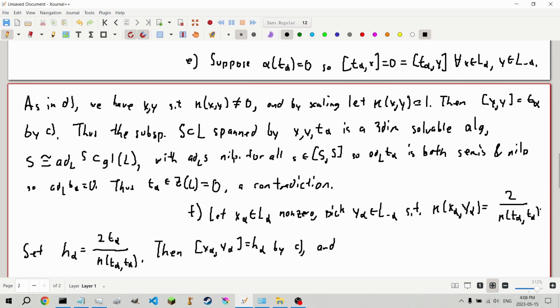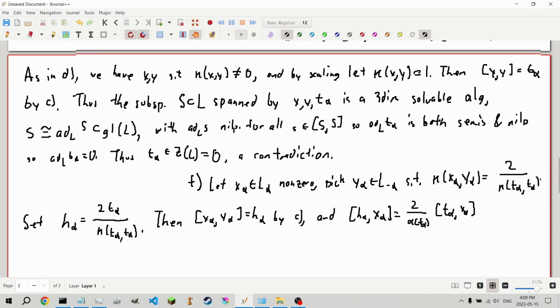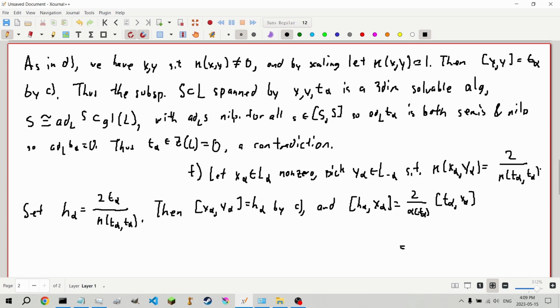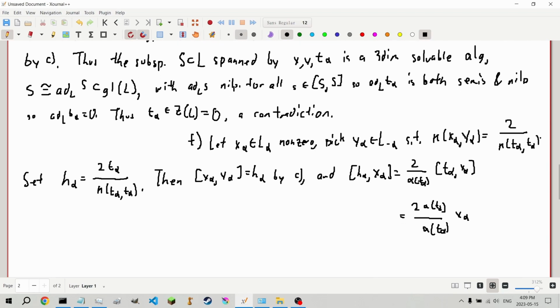And that the bracket of H alpha and X alpha is 2 over alpha of T alpha times bracket of T alpha and X alpha, which is going to be 2 alpha of T alpha times X alpha over alpha of T alpha, which is just going to be 2X alpha.